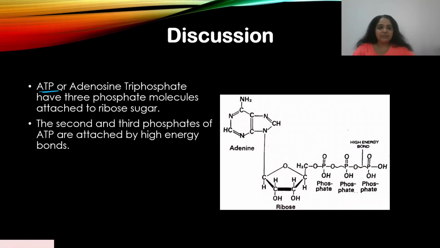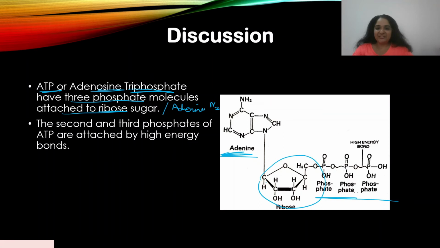ATP, or adenosine triphosphate, that's the full form of ATP, has three phosphate molecules attached to a ribose sugar. I forgot to add there is an adenine, a nitrogenous base, that you can see here.